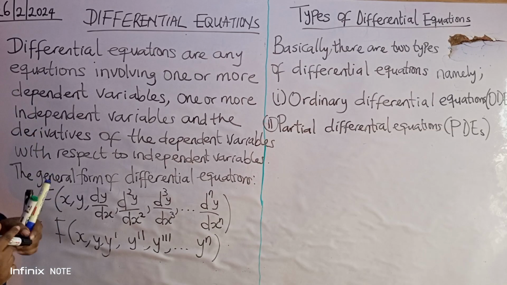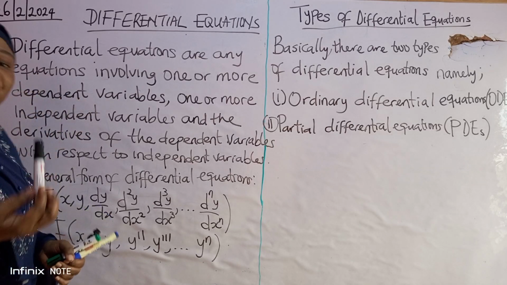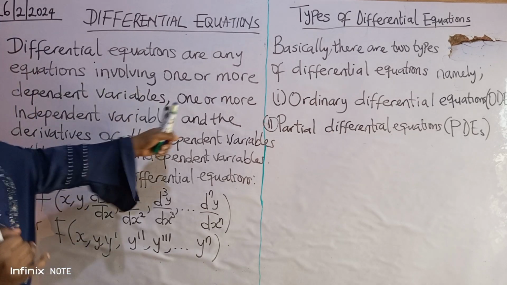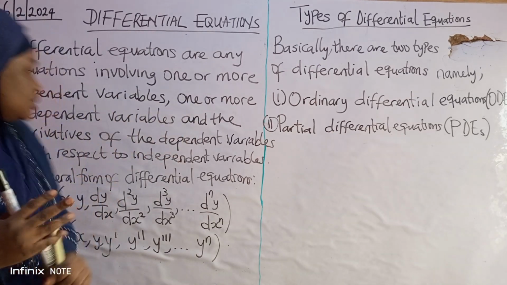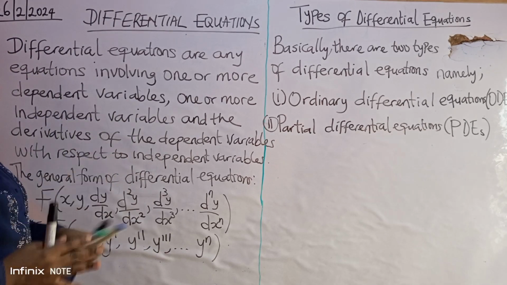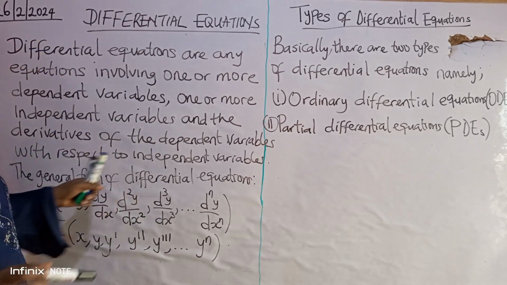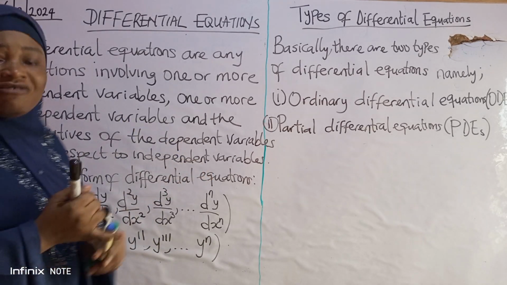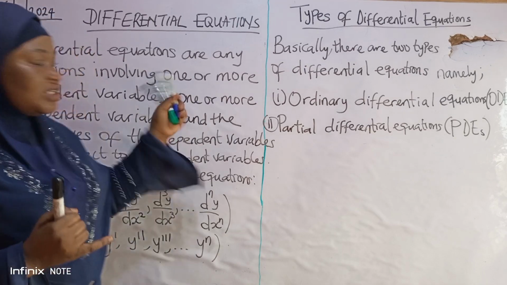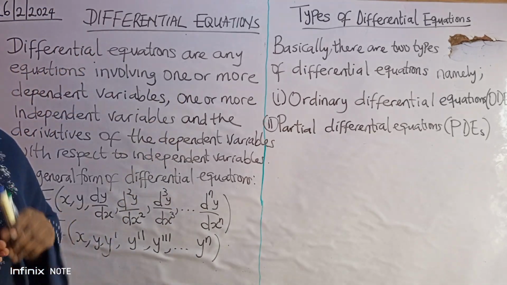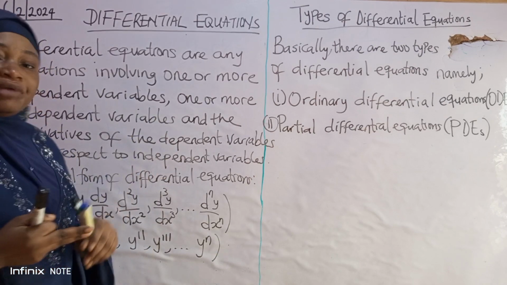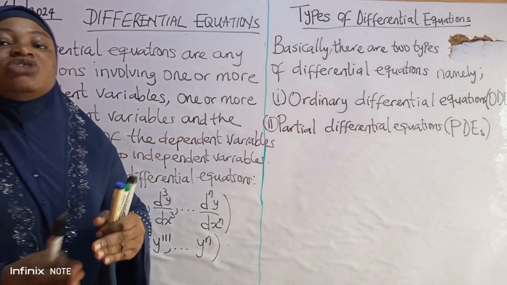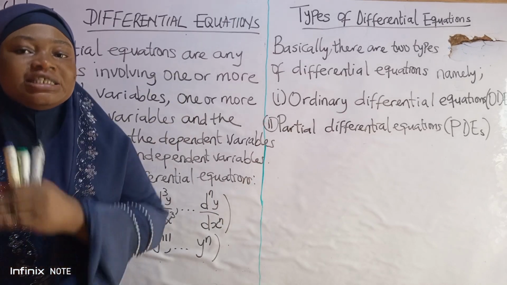Differential equations are any equations involving one or more dependent variables, one or more independent variables, and the derivatives of the dependent variables with respect to independent variables. So you may have more than one dependent variable, and you may have more than one independent variable. Then you differentiate the dependent variables with respect to the independent variables.